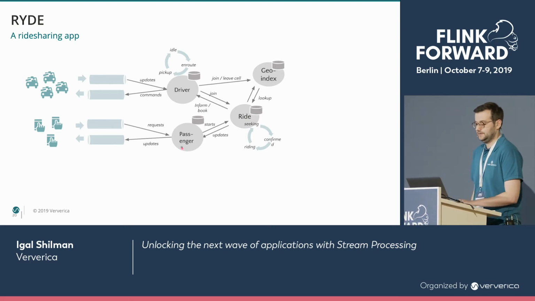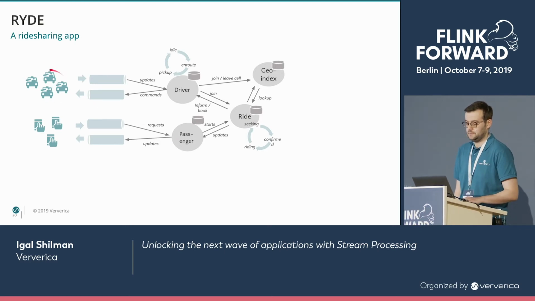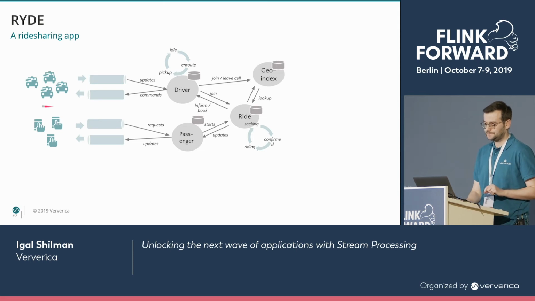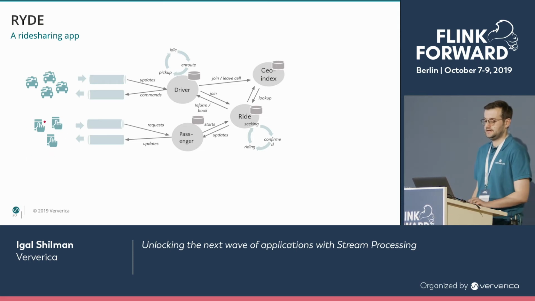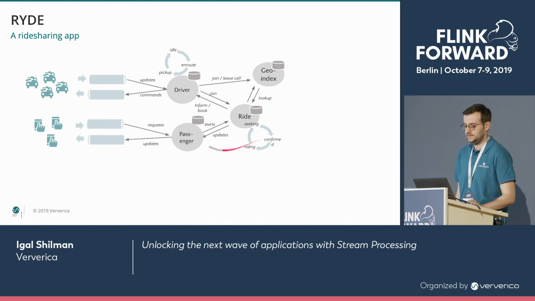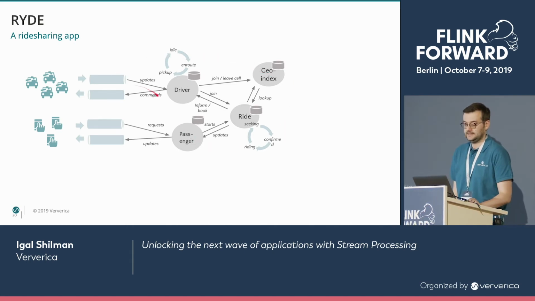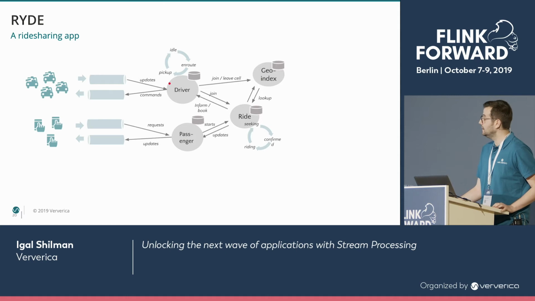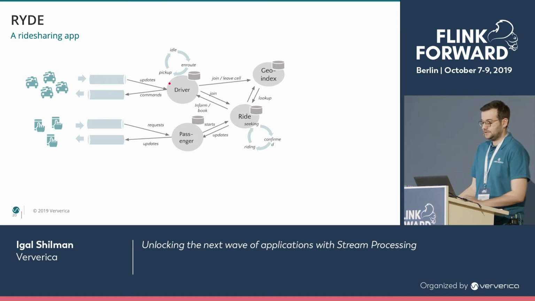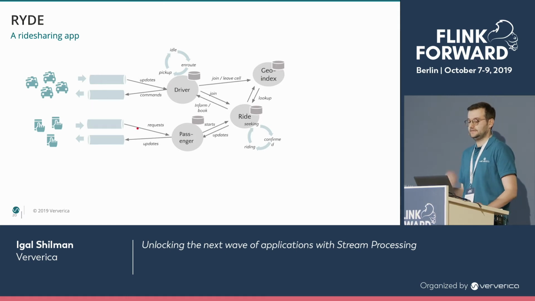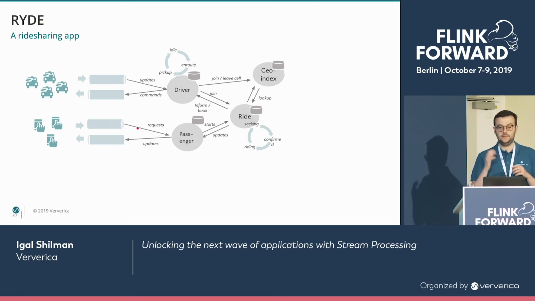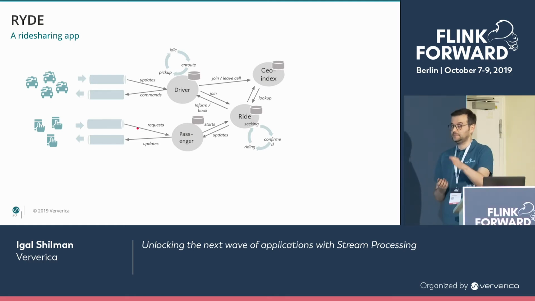This example has drivers and a passenger that are communicating with this stateful function application through the ingresses and egresses. Drivers constantly communicate their current location, and passengers request a ride. They say, I'm at point A, I want to go to point B.